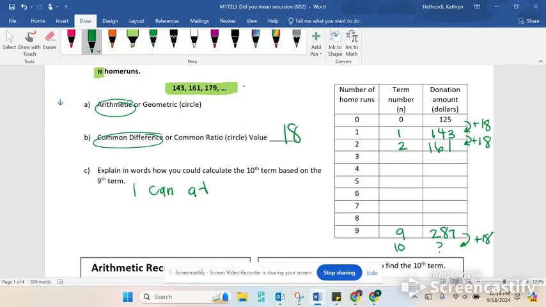I can add 18 to the 9th term. I'm going to see if I can get my pen fixed. So by adding 18, you can get the 10th term. I can add 18 to the 9th term.